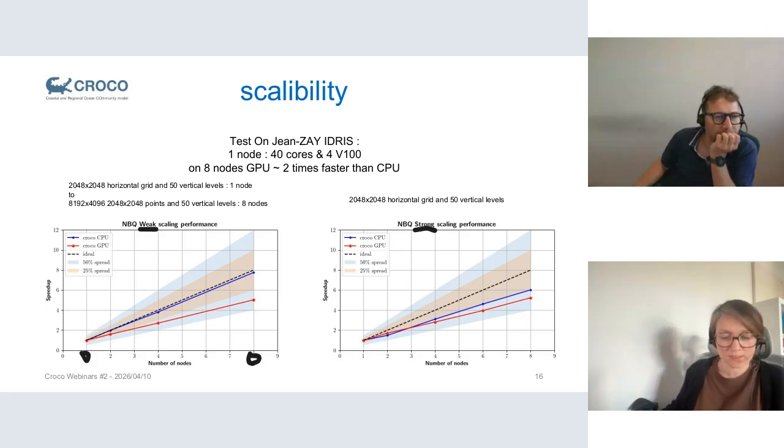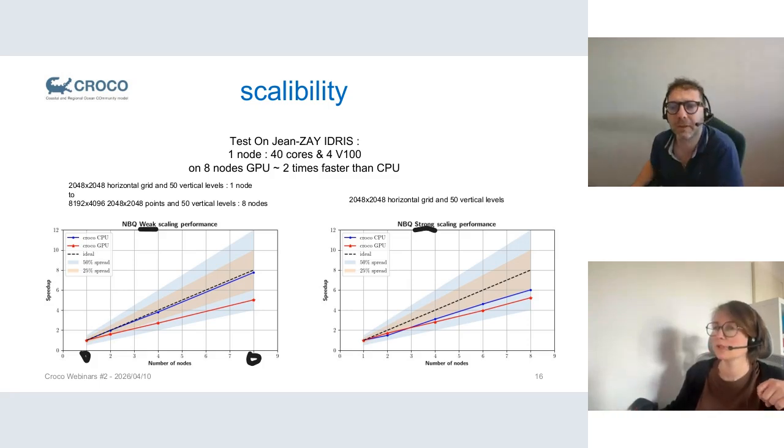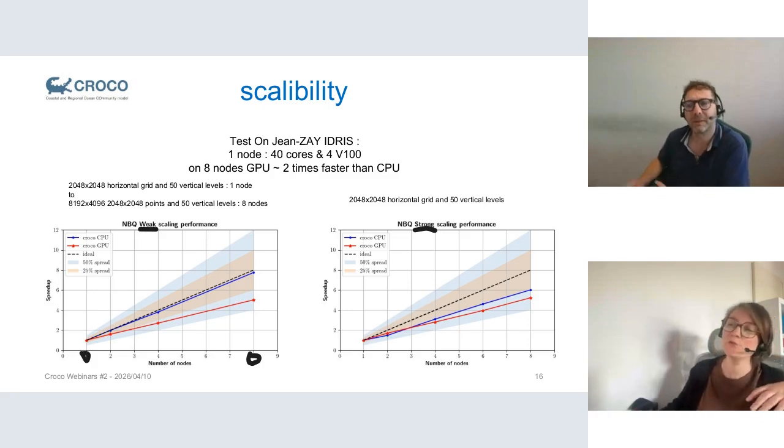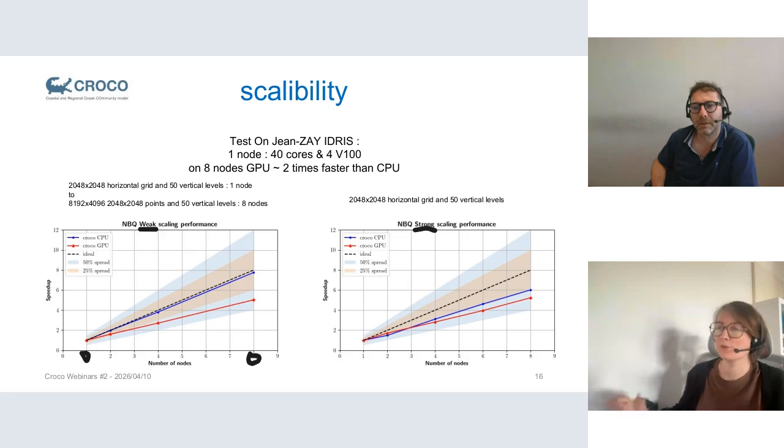So you think everybody should use GPU over CPU if they have a very big grid? Yes, if you want less restitution time, GPU will be more rapid.